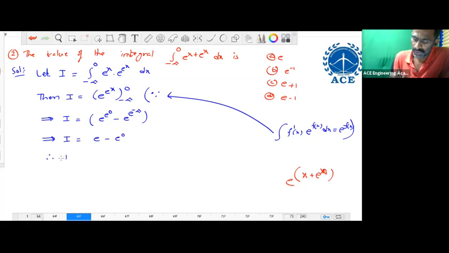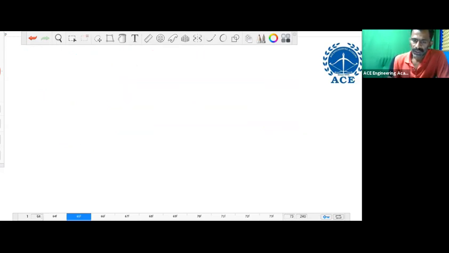Therefore, I equals e minus 1. e minus 1 is a finite value. So the given integral is convergent and it converges to e minus 1. This is problem number 2. Next, problem number 3.